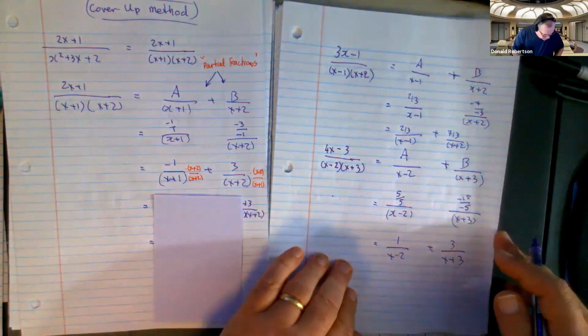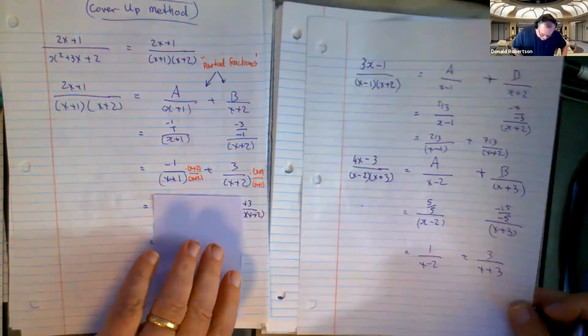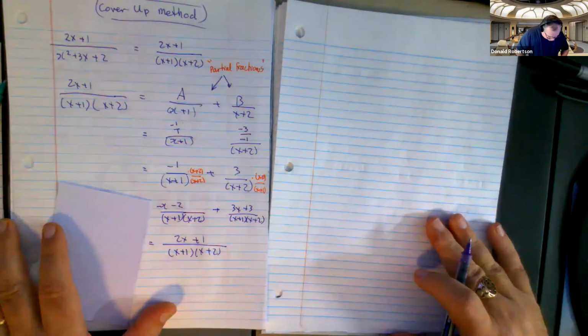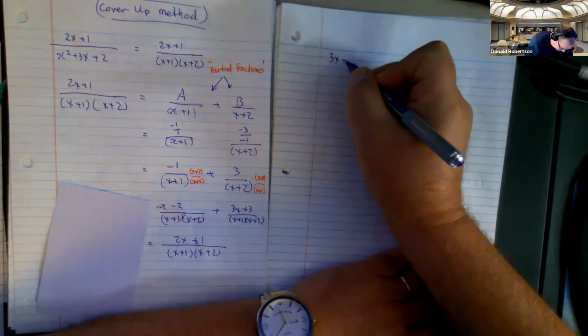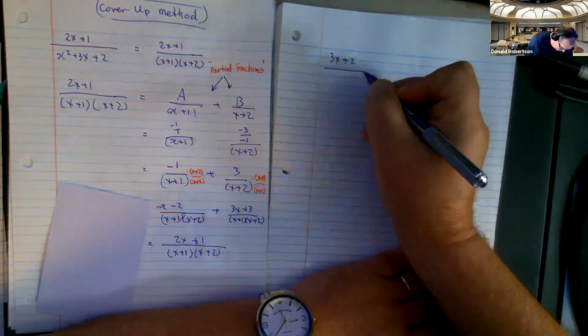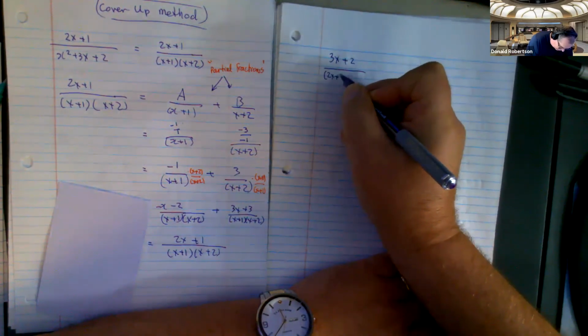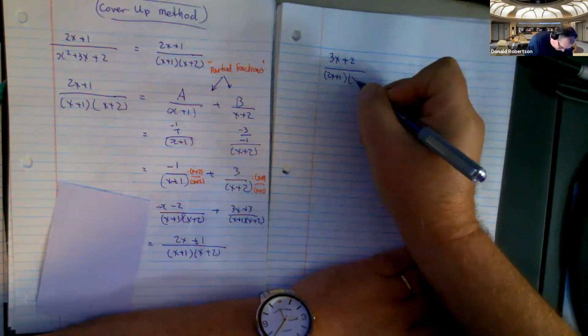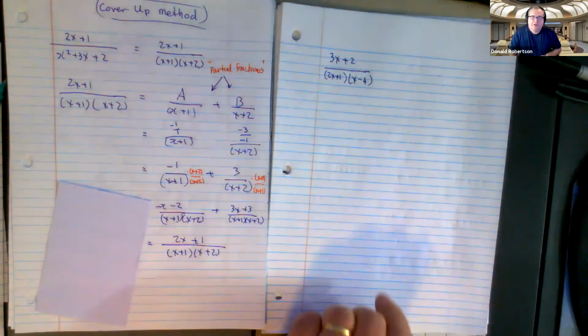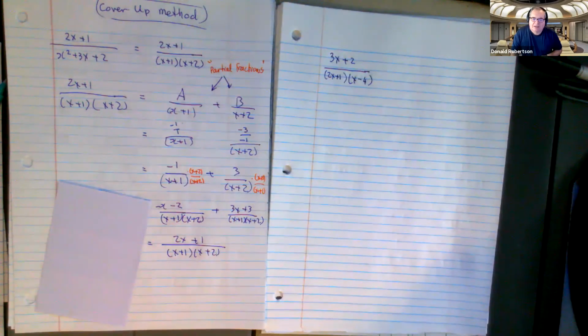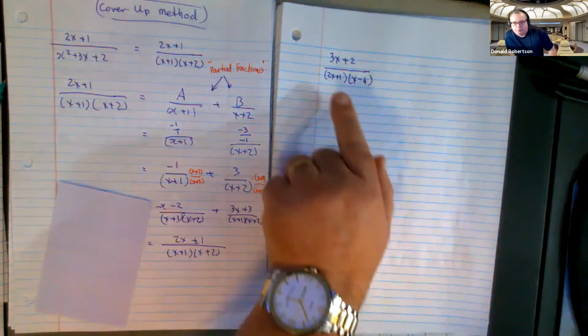So what have I not done yet? I guess the question is, it looks like I've done them all, but not quite. All I'm doing here is adding a multiple on the bottom.